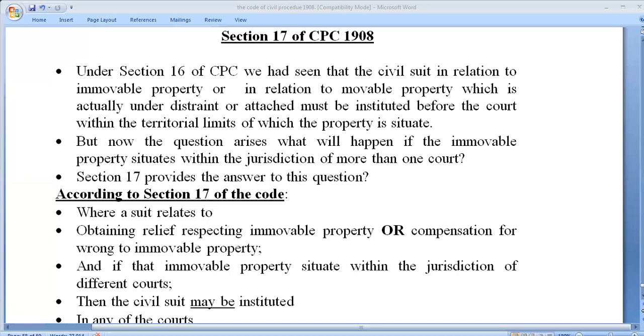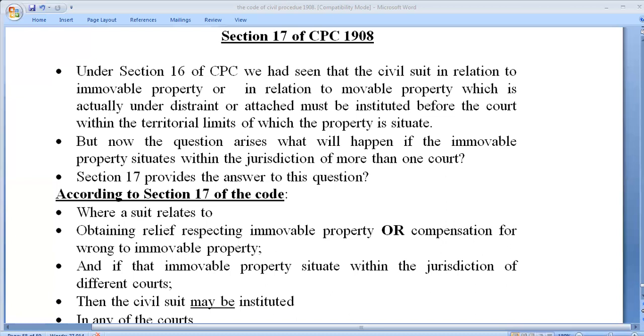And if that immovable property, it is very important, and if that immovable property situates within the jurisdiction of different courts, that means to say if the immovable property situates within the jurisdiction of more than one court, then where to file the civil suit?